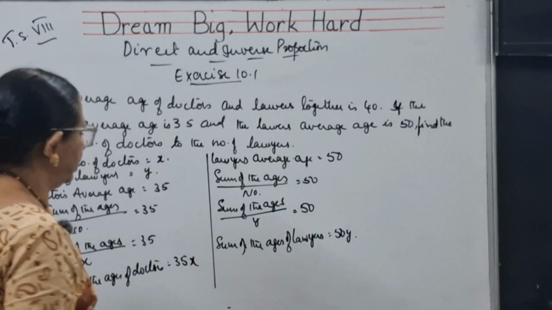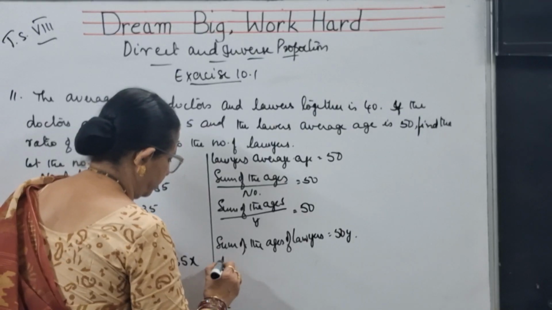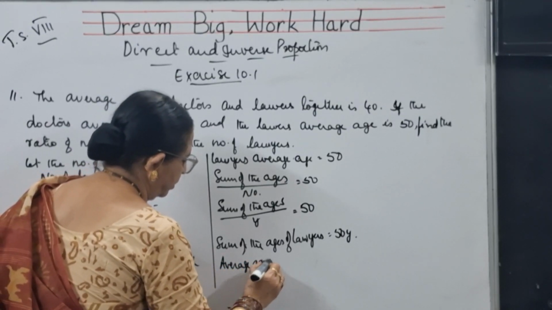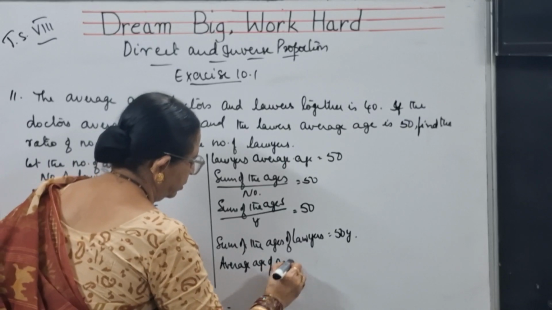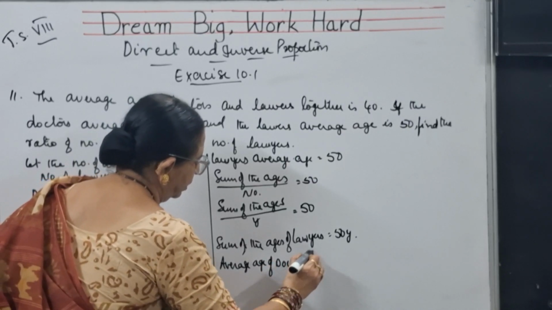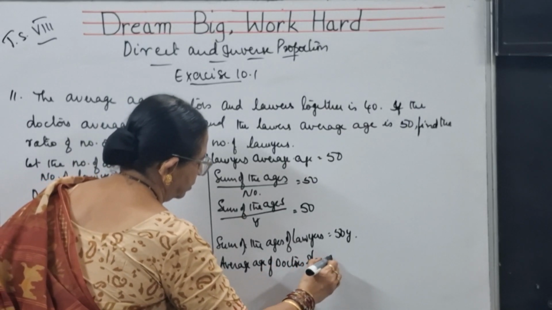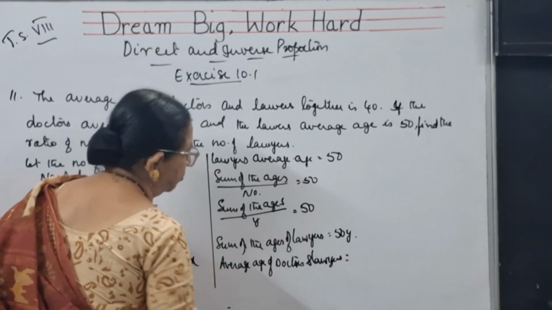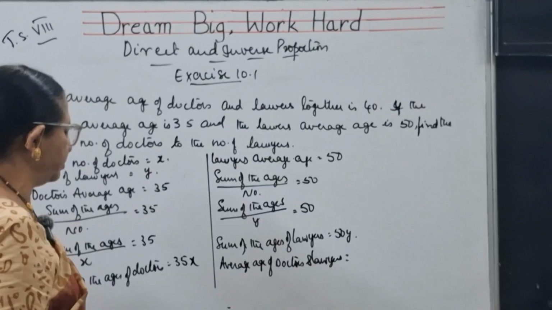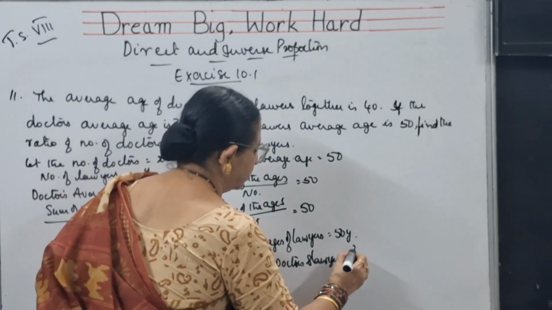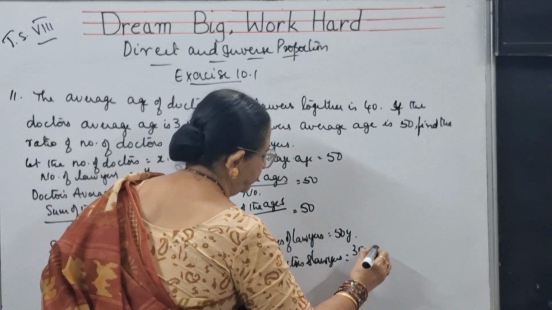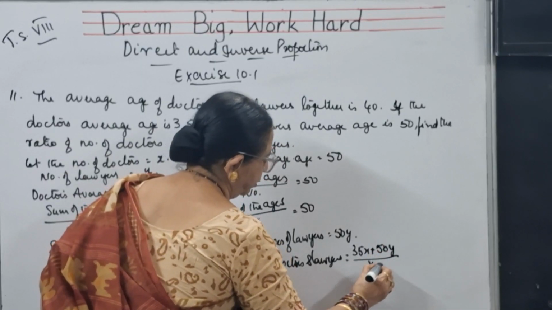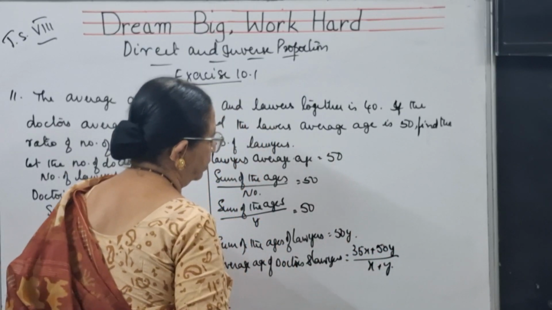Now the average age of doctors and lawyers together is their sum of the ages. Sum of the ages means 35x plus 50y, divided by the sum of the numbers, x plus y.